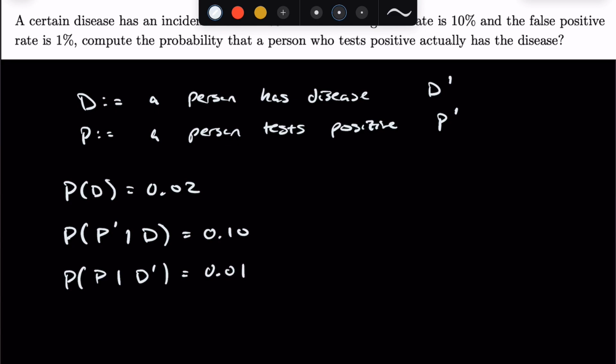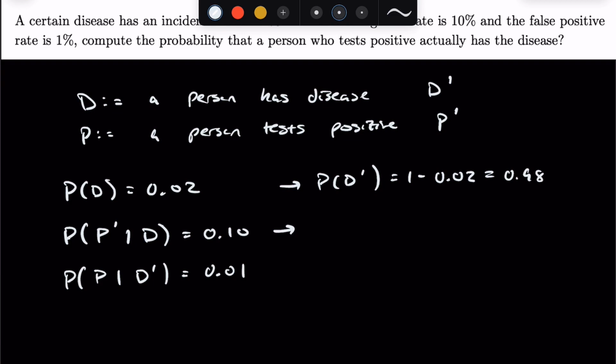From this metadata we can actually compute three new pieces of information, simply by taking the complement of each of these three respective events. The probability of D prime, the probability that someone does not have the disease, is 1 minus 0.02, or 0.98. Again, this is simply the complement rule.